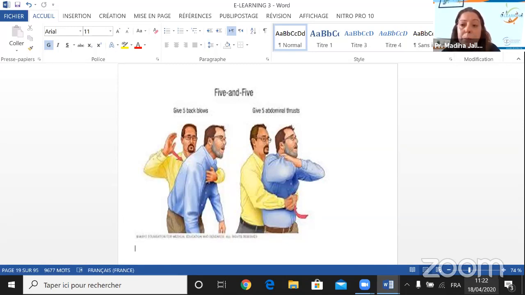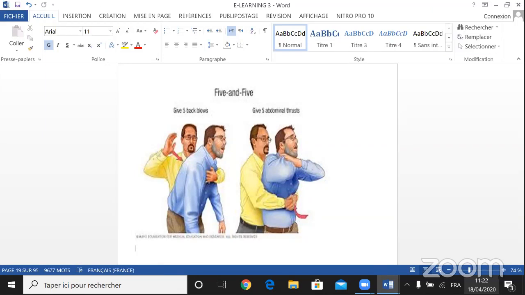And you give these 5 back blows to this choking person in order to do what? Why do you give him 5? Are you punishing him, for example? To help him breathe.